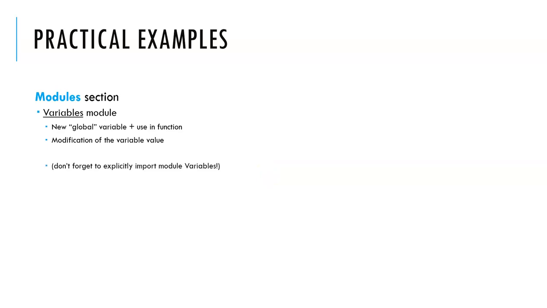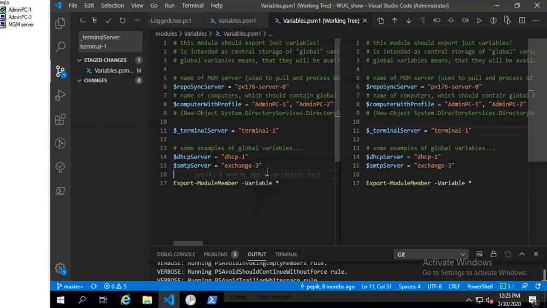There is one warning because, as you already know, in PowerShell, functions from modules are imported automatically, so you don't have to explicitly import module scripts to get functions from it available in your console.